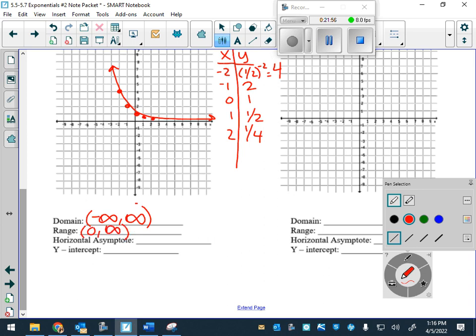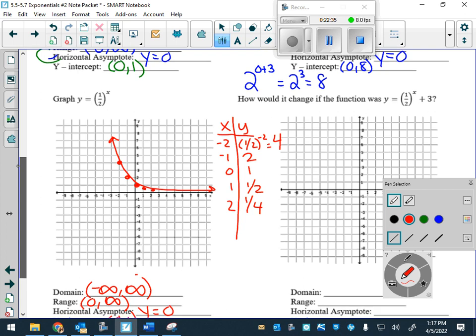Zero infinity. It would be that way, and I'm glad you brought that up. You're going to see that in the next page when it changes. Right? What's my asymptote? Addison? Y equals 0 and your y-intercept. Rosanna? 0, 1. Okay? So, again, domain, range, horizontal asymptote, and y-intercept, same as we saw above. Okay? However, it's just decay going in the decreasing direction. Okay? As you read it left to right.